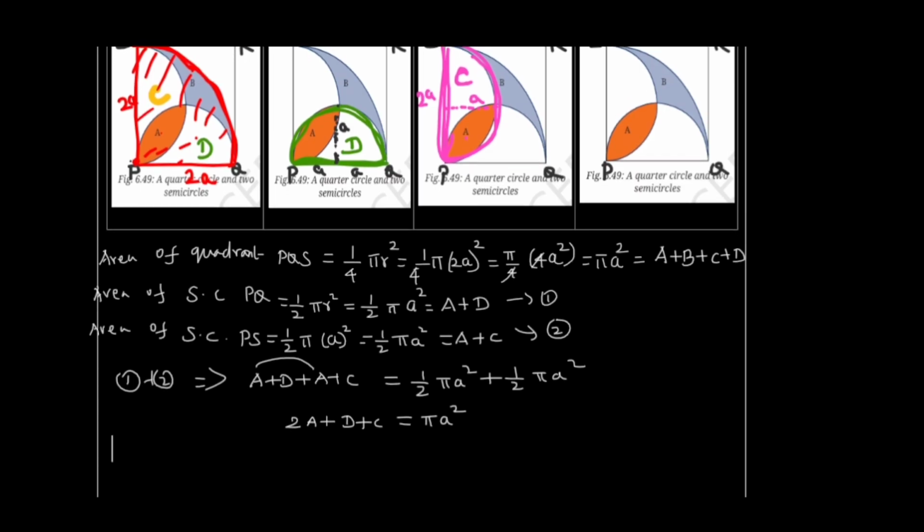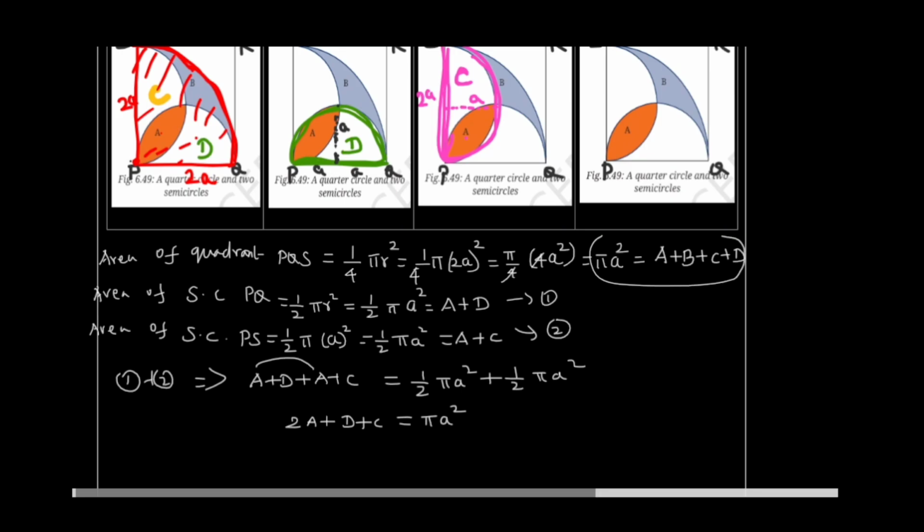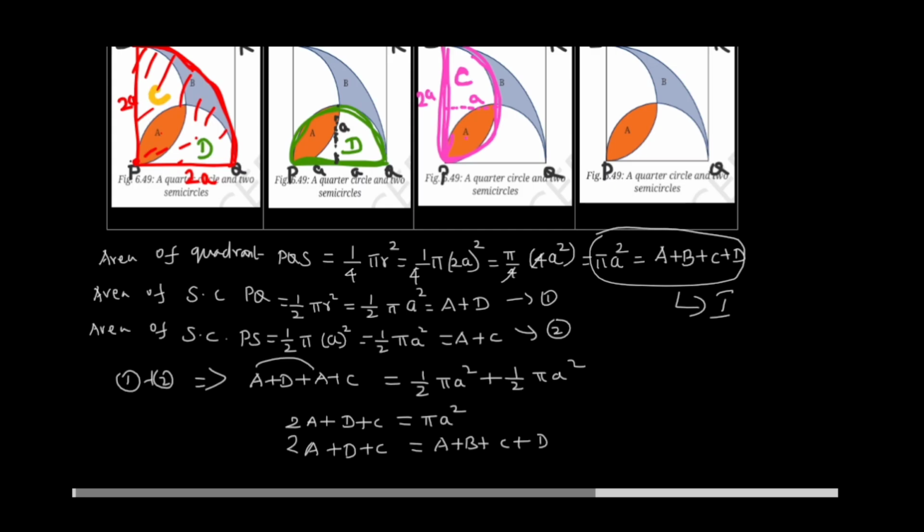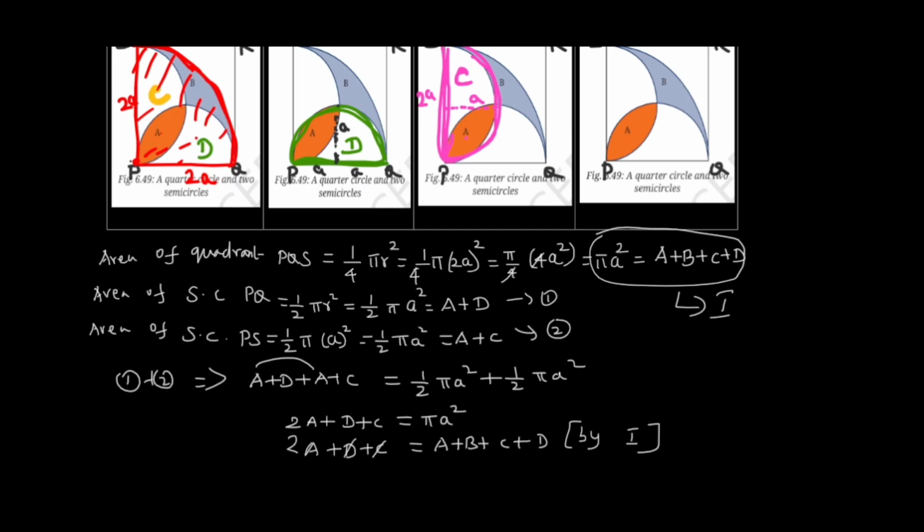Look at the first equation: pi a squared is equal to A plus B plus C plus D. Say this is our first equation, which we got earlier. Now C plus D is on both sides, so we can cancel it.